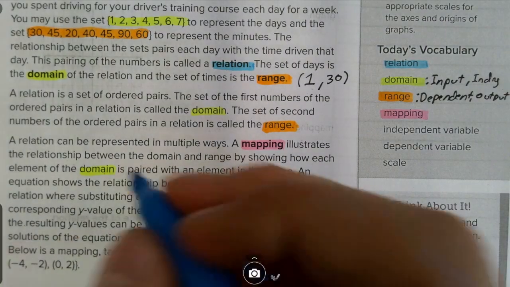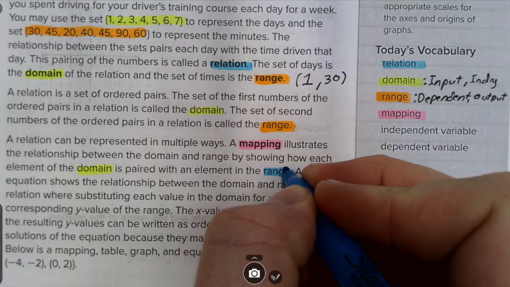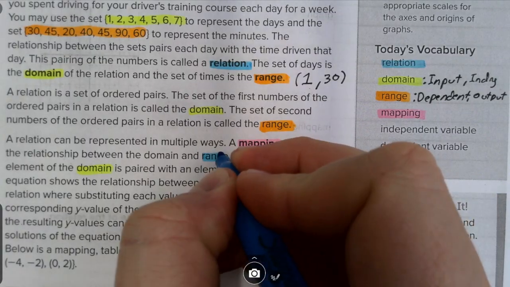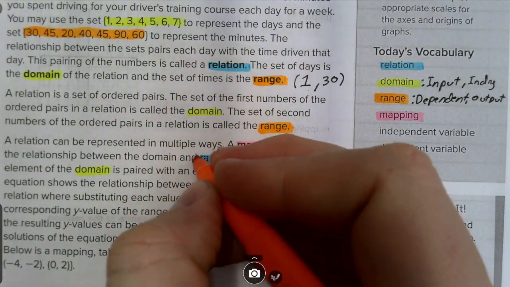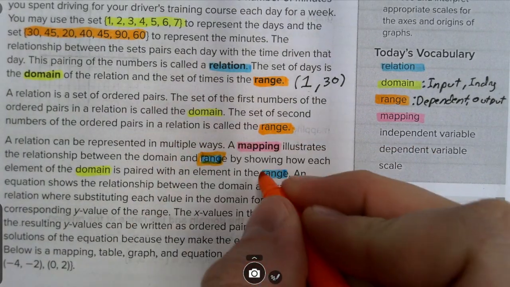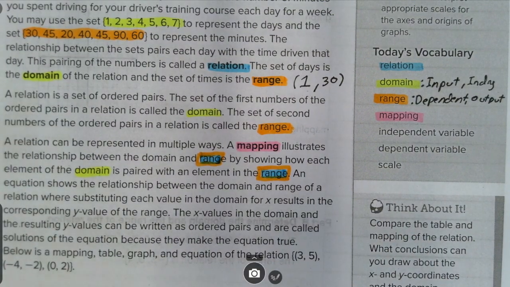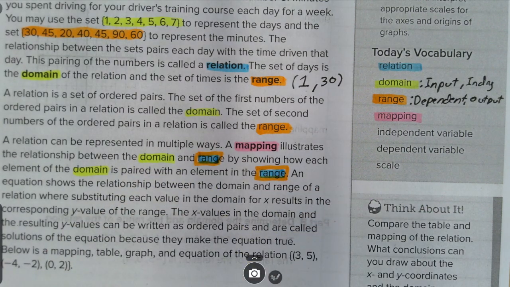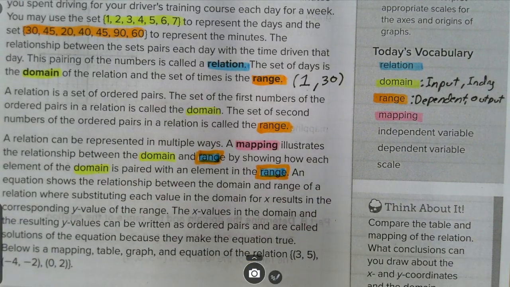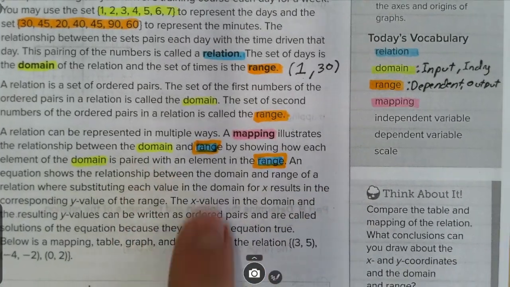And there's a bunch of ways we can do this. An equation shows a relationship between the domain and range.